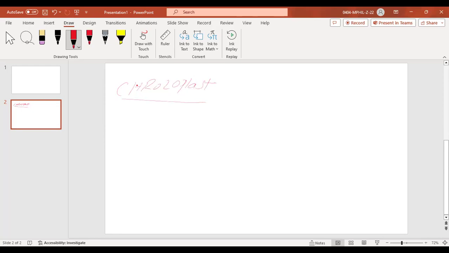So that's why it is a very crucial part of the plant cell, right?